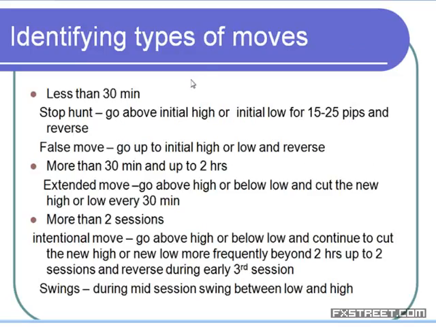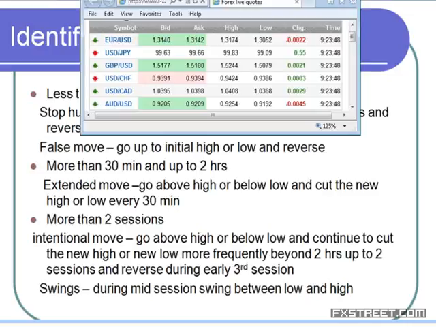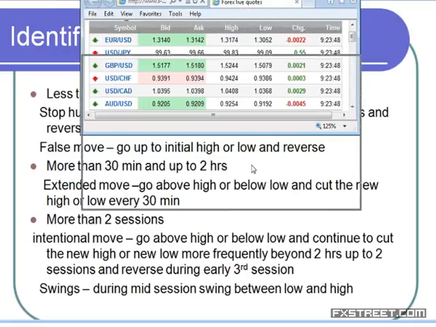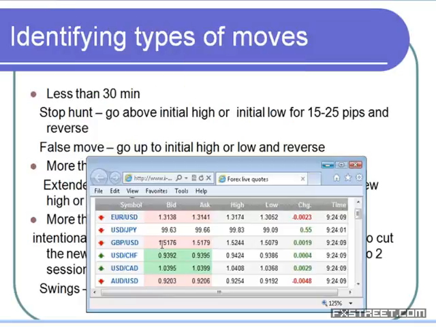So, identify the types of moves. If a move is less than 30 minutes, then there are two conditions. One is a stop and move. In this move, they just go above the initial high and drop back to the initial high in less than 30 minutes.